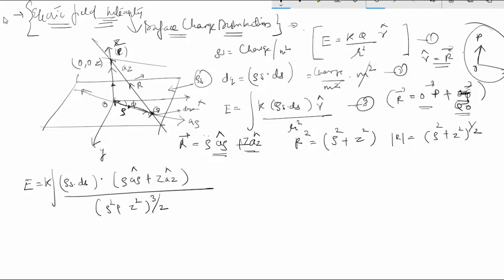This is because r is a unit vector again, like r by r, and you have an r square in the bottom, so this will give 3 by 2. And there will be a minus sign here because we are considering QO.